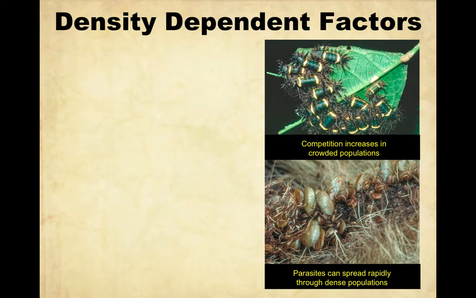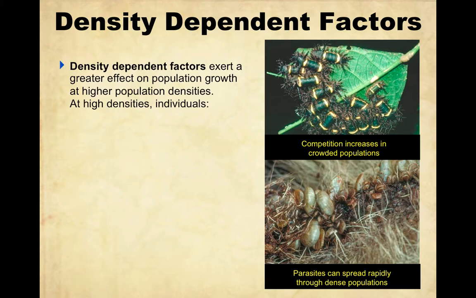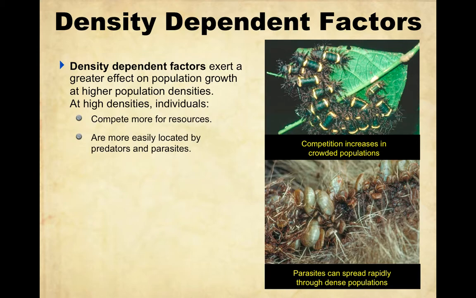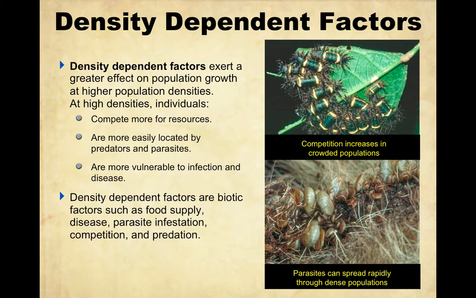A little bit more about density-dependent factors. When they're at high densities, they tend to compete for more resources and are way more easily located by disease and parasites, which makes sense, right? The more of an organism is in a population, the more easily that disease can spread. Okay, and they also therefore tend to be more vulnerable to infection and disease.